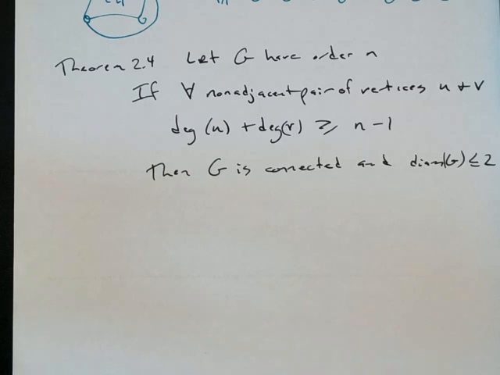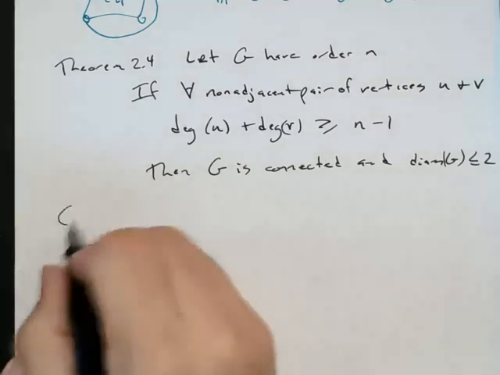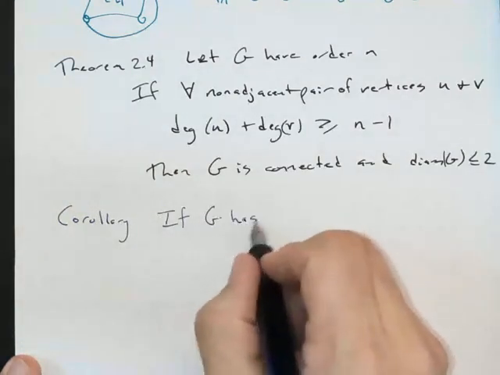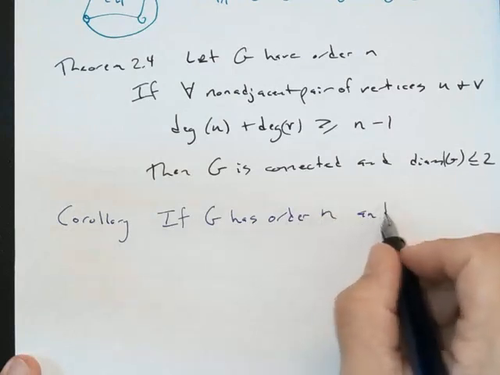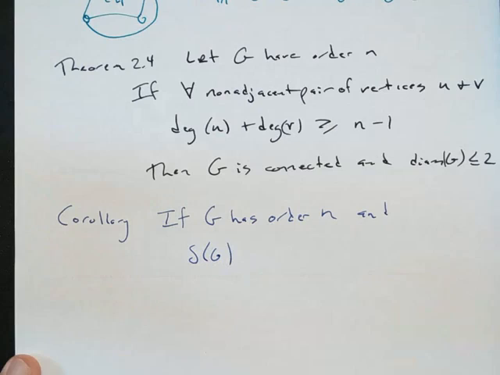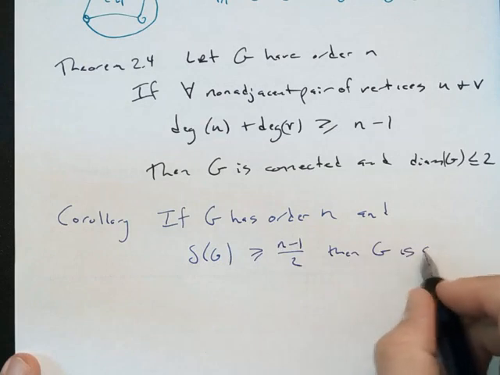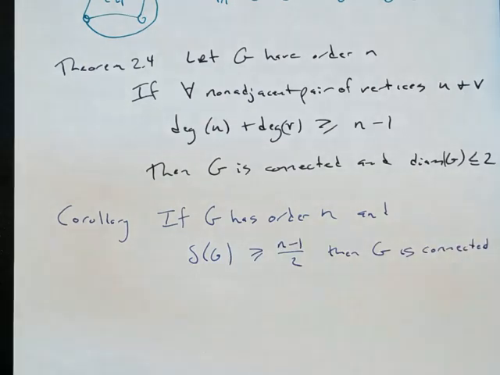Gotta go back to my definitions. And that means if the smallest possible degree I have is n minus 1 over 2, then when I add two vertices together, I'll get n minus 1, and by that theorem, it'll be connected.